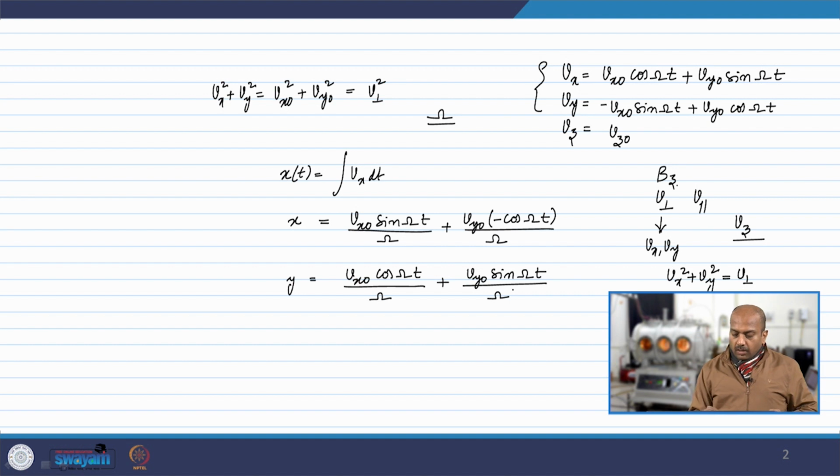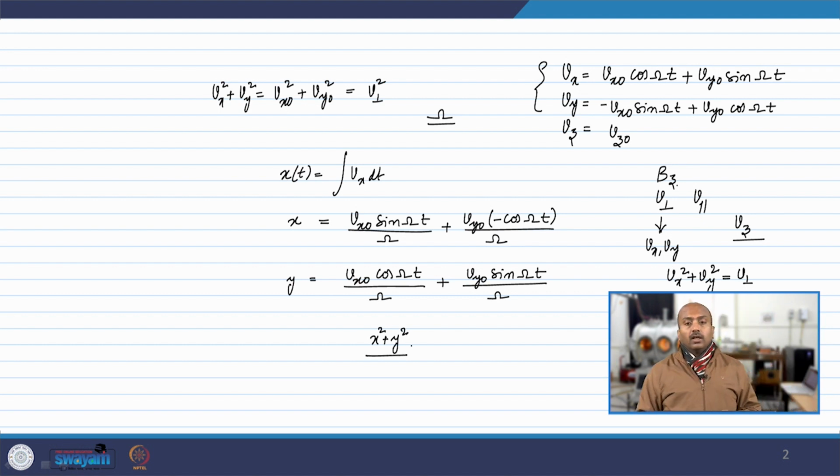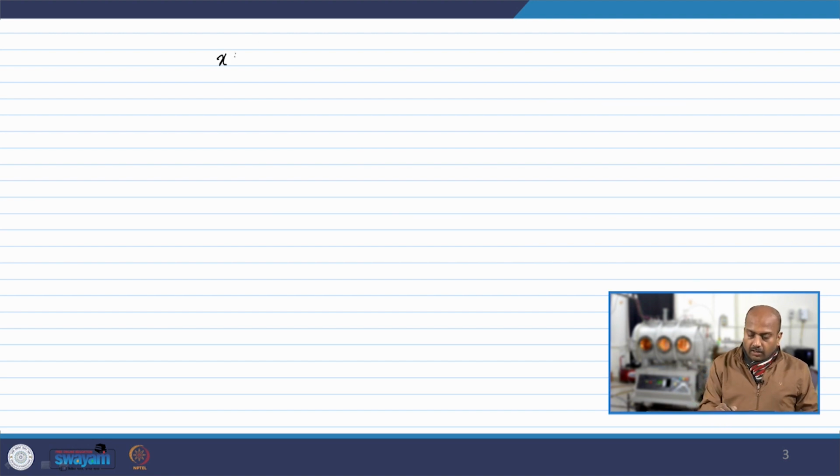Now, more importantly, what can we do about x square plus y square? Ultimately, this will be the trajectory of the particle. X square plus y square will tell you how the particle is moving in the xyz plane, right? So we can find out x square plus y square, just squaring and adding these two things. So I'll write it anyway.